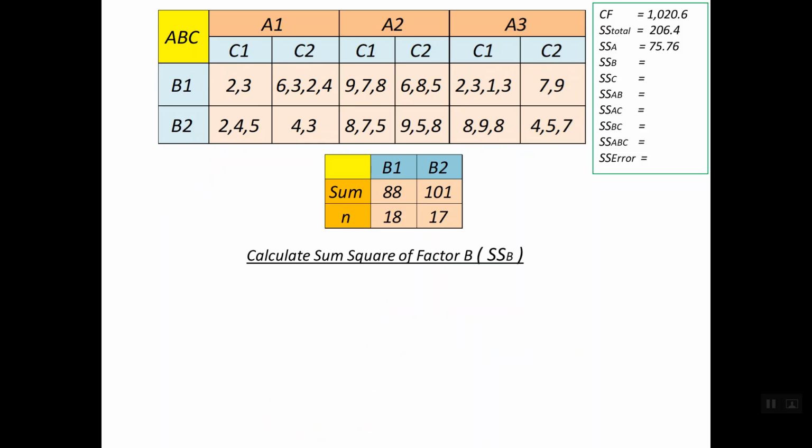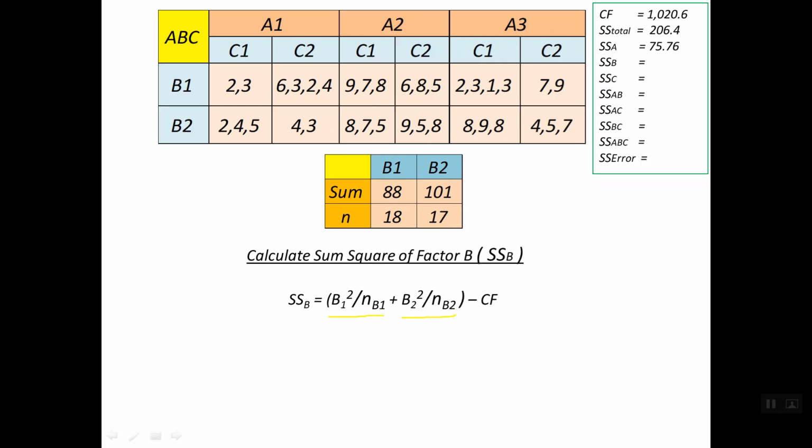The same technique we can use to calculate the SS for factor B. This is the formula to calculate the SSB. Notice that factor B has two levels. So these are the calculations for the first level, B1, and these are the calculations for the second level, which is B2. So what is needed?